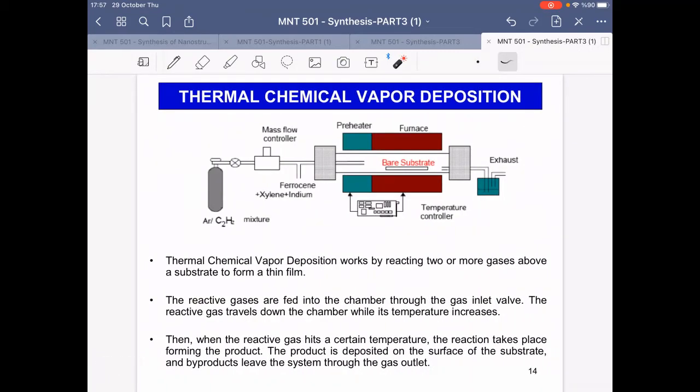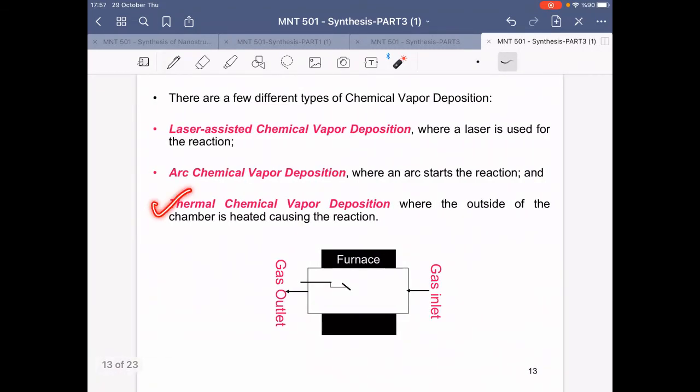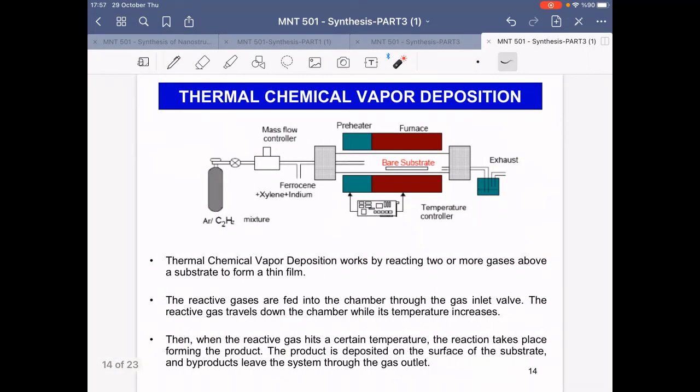Okay, and for example, if you are using thermal chemical vapor deposition, as you see, I have a mixture of ethane carried by argon, and here I have a furnace because it's thermal, and I have a bare substrate here. Okay, so what's going on?